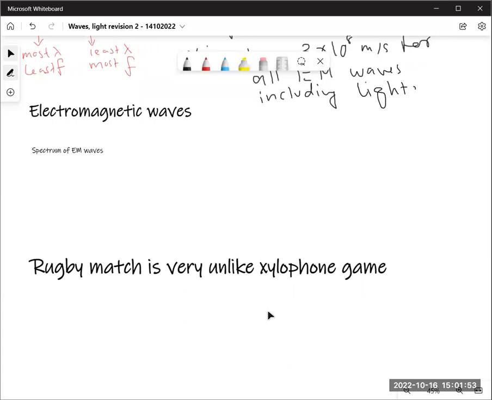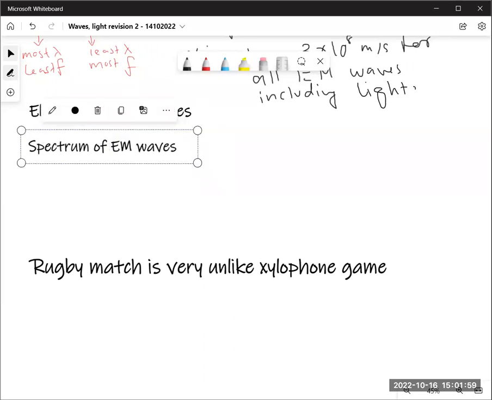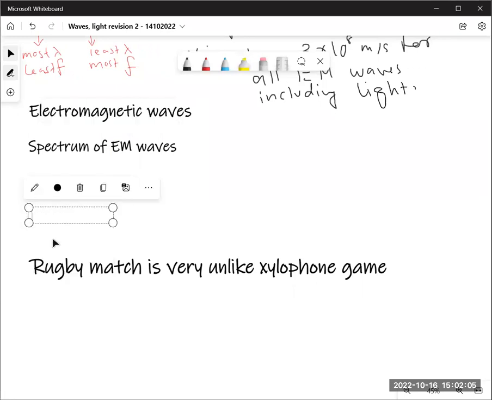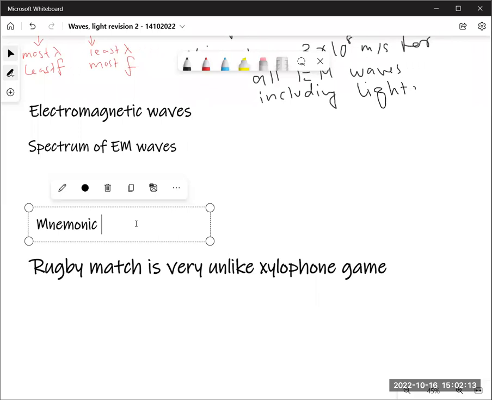What does this mean? I'm showing you a mnemonic. Give me 1 second, I'm answering a call. Now write it down. This is called a mnemonic. I hope that's the correct word. Short form.